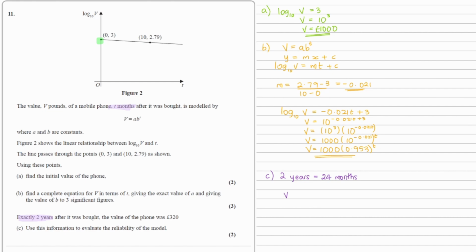If we then use the equation that we found in part B and substitute t as 24 and put that into the calculator, this would give us the value of V as £315. And therefore, we can say that this model seems to be reliable because £315 is very close to £320.